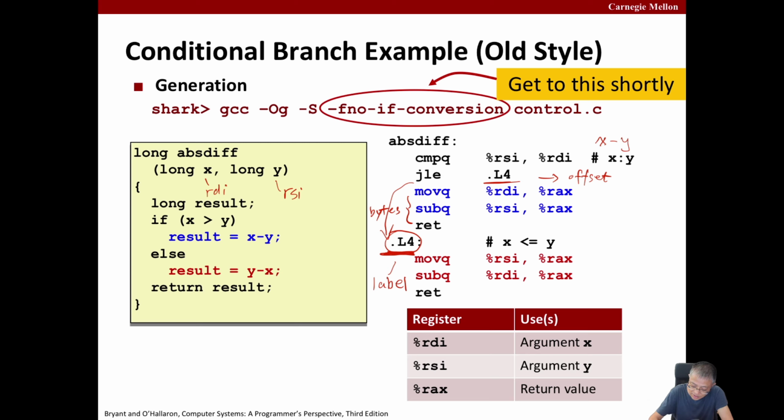Okay. So if x is less than y, then we need to calculate y minus x. The y is in the RSI, so we move RSI to RAX, then we subtract RDI, which is x, from RAX, and also save the result to RAX.